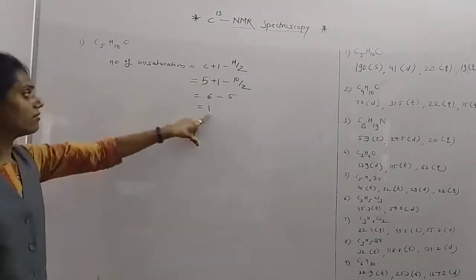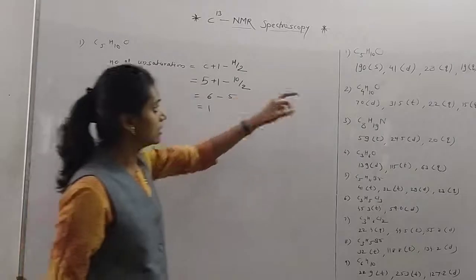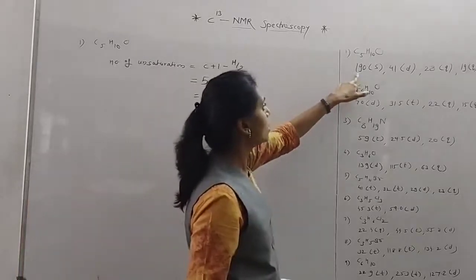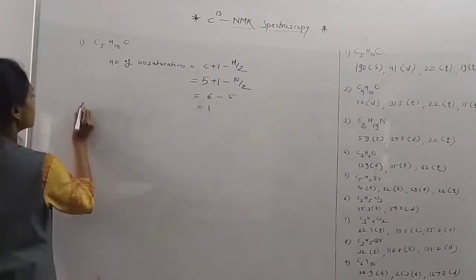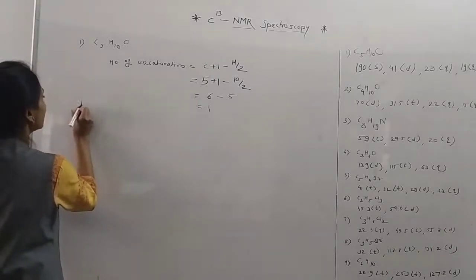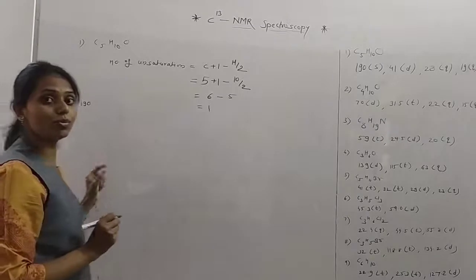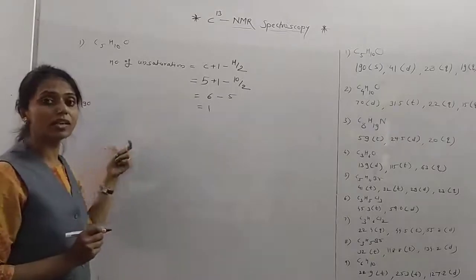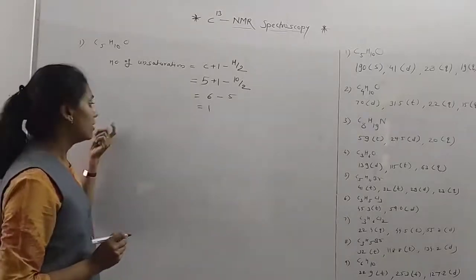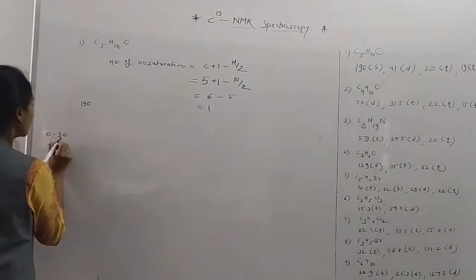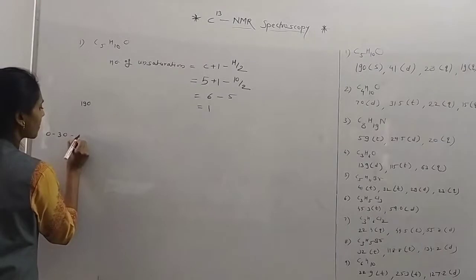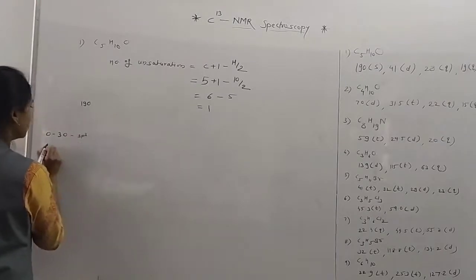So here we understand there is one unsaturation, and in this case we are given C13 values. I hope you know the range of C13 NMR. I am writing it again: 0 to 30 is sp3 hybridized carbon.